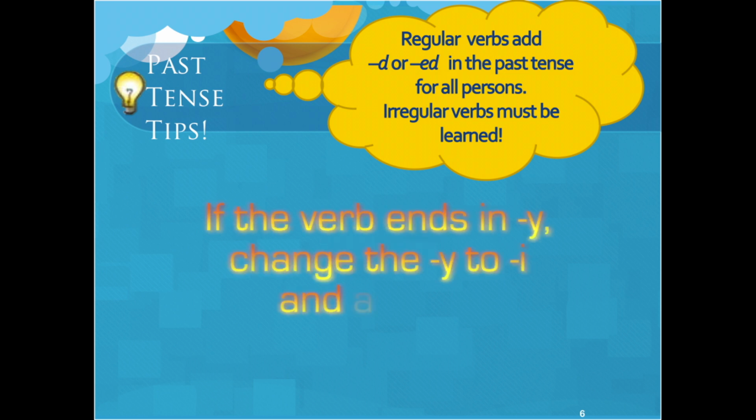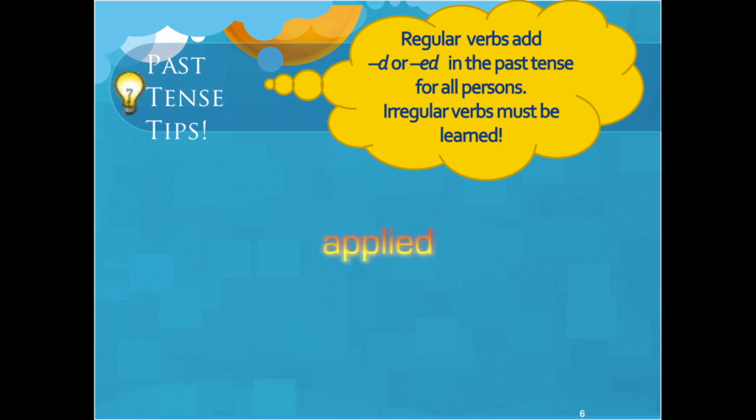And if the verb ends in Y, change the Y to I and add ed, as in applied, cried, fried, hurried, married, spied, tried, and worried.